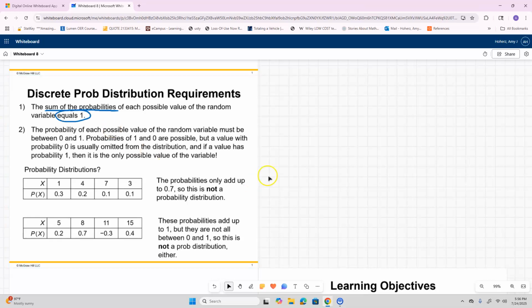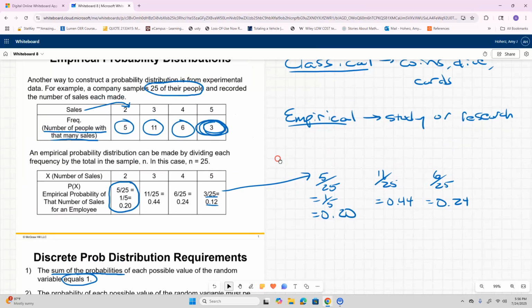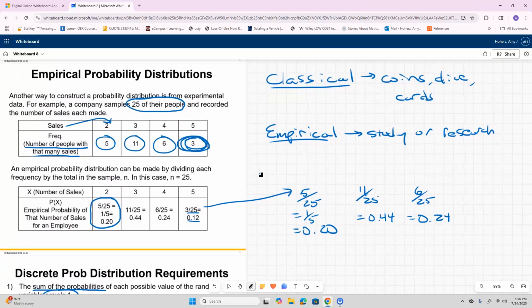So if we look back to our values here, we had 5 25ths plus 11 25ths plus 6 25ths plus 3 25ths. If you sum those up, 5 plus 11 is 16, plus another 6 is 22, plus another 3 is 25. So we have 25 25ths, which sums to 1, because that's everything that could happen.